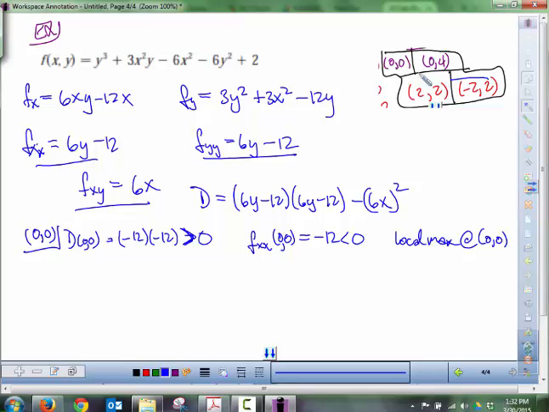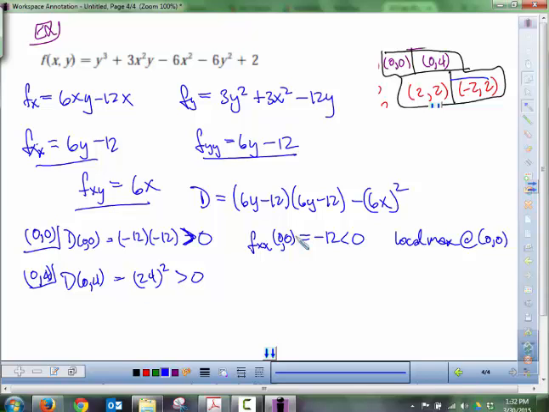All right, 0, 4. So 0 again for the x, and 4 for the y. So 24, 24, and 0. So 24 squared, positive.